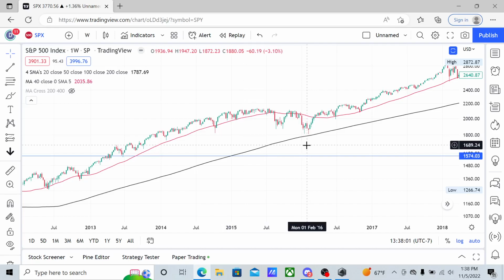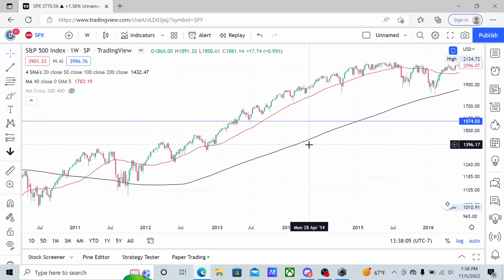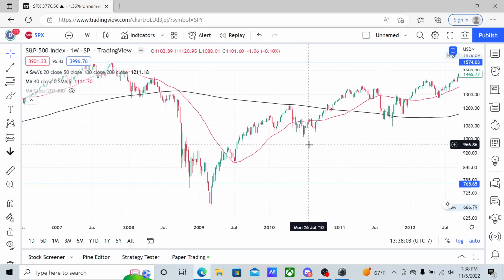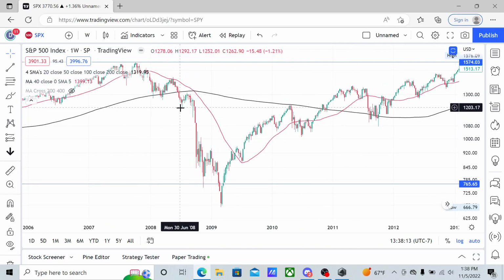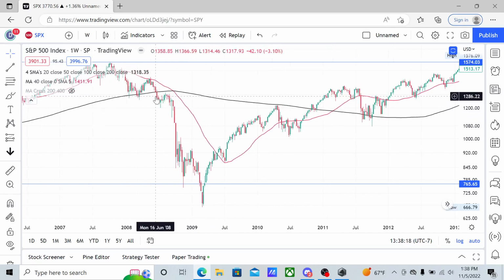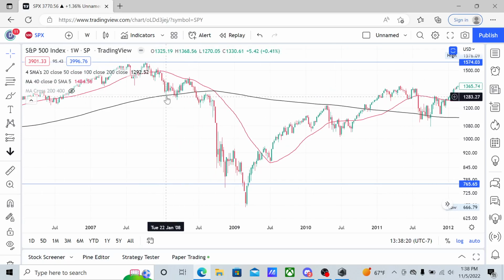You can see the same thing happened right about here, beginning of 2016. Over here, this is a much better indication of really a hard recession. At first, you can see right here, it tests that 200-week, bounces up, retests again, bounces up, but then rejects off of that 40-week, which is the 200-day, and then continues downward, closes below that 200-week, and continues downward.